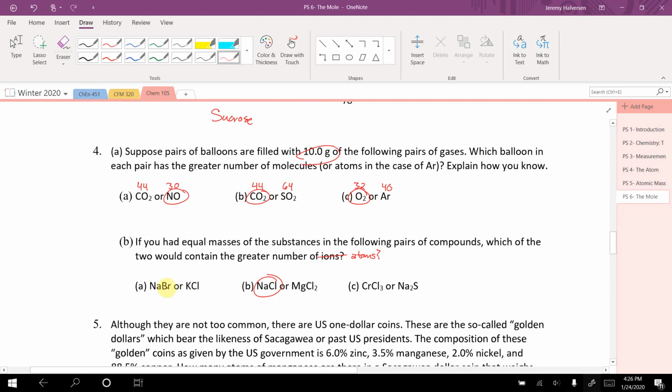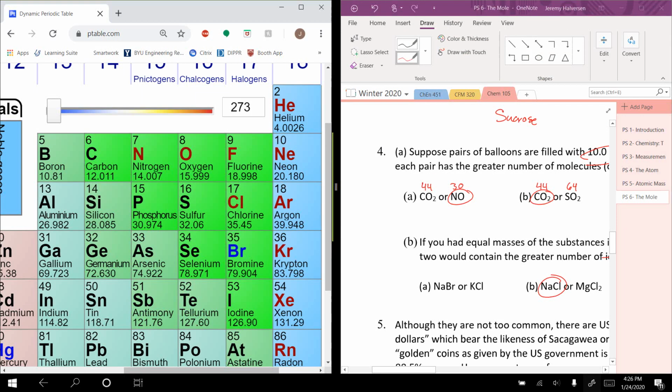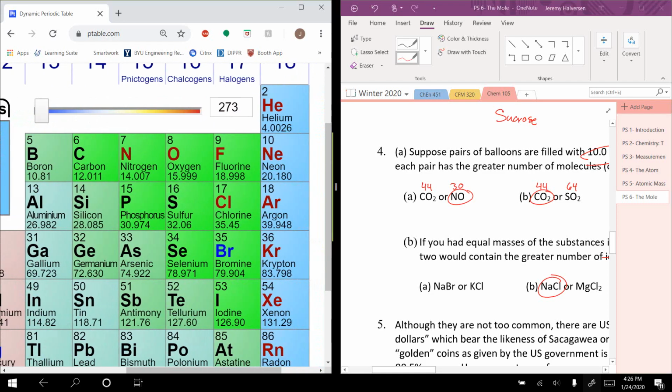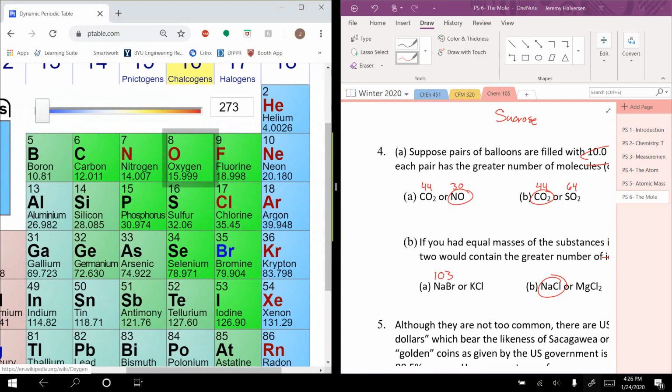Now in this case, both of these have 2 atoms, so I could just look at the molar masses. Let's do that real quick. NaBr has a mass of about 103, and KCl has a mass of about 75.5.